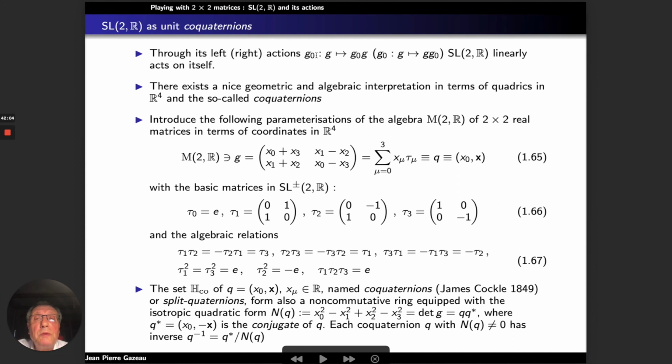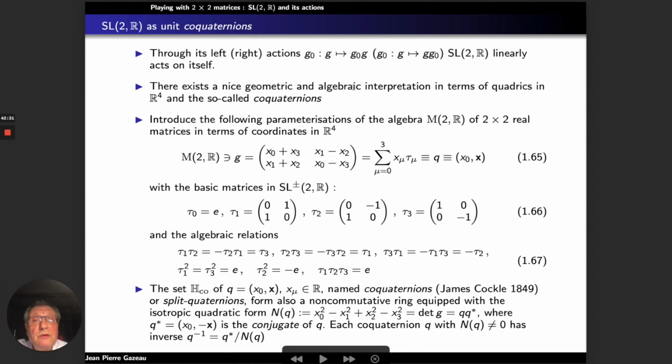You take a specific element G0 of SL2R. This specific element acts on SL2R through what we call the left action. It can also be a right action. That means to G corresponds G0 G. It's a linear action of SL2R on itself.